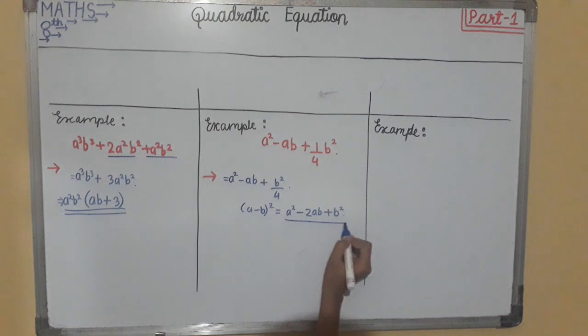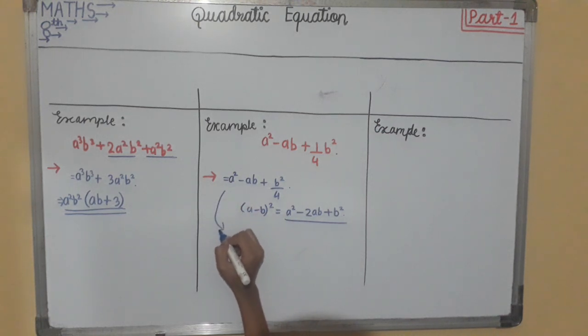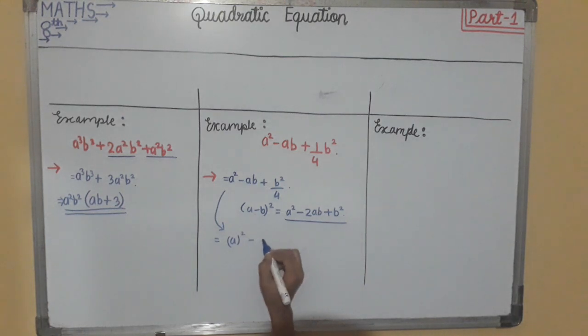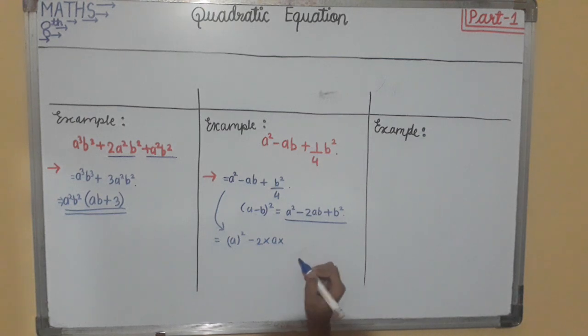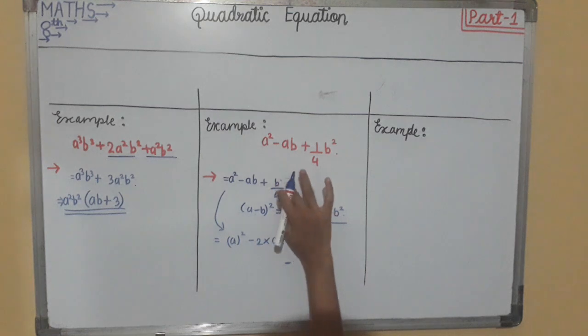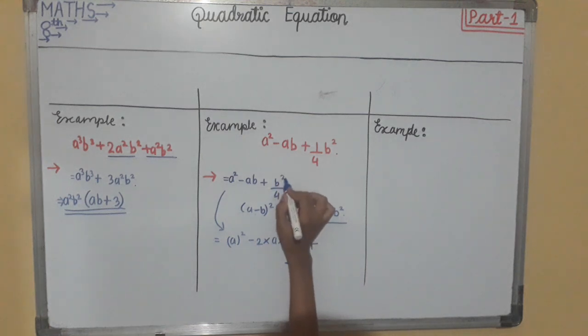Here if we follow this, we'll get a whole square minus 2 into first term a and second term, as it is we will leave some space, plus second term, this is like this, b square upon 4.